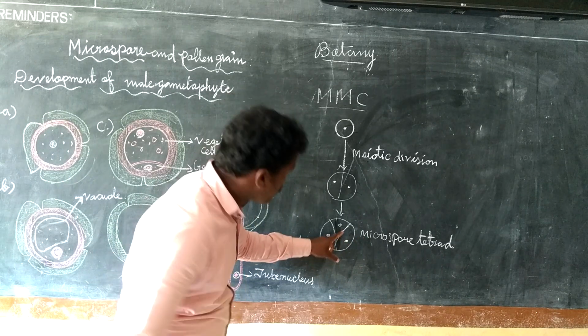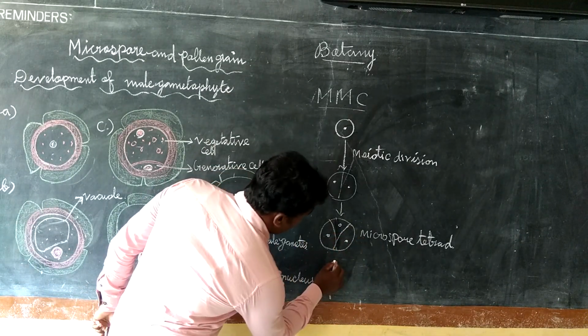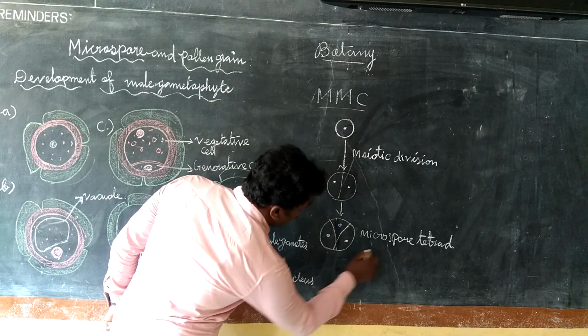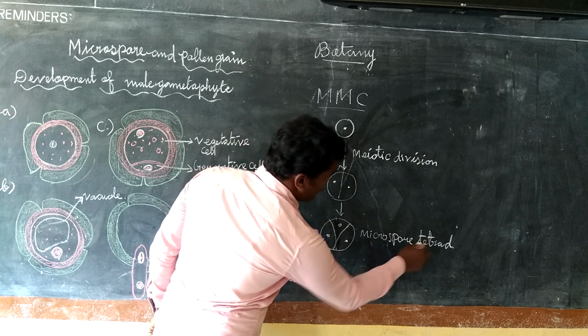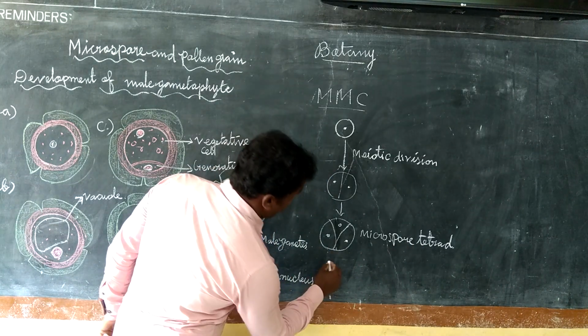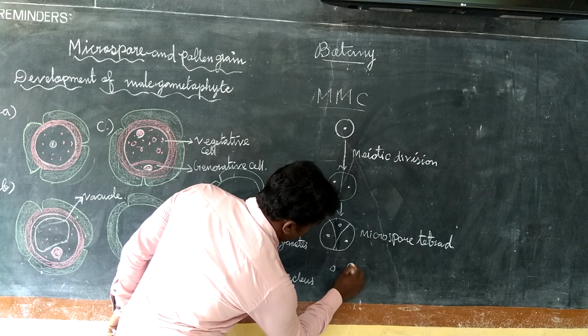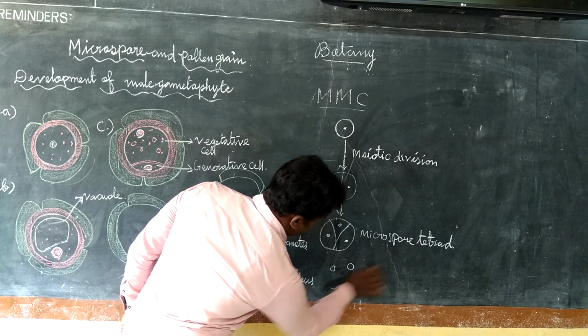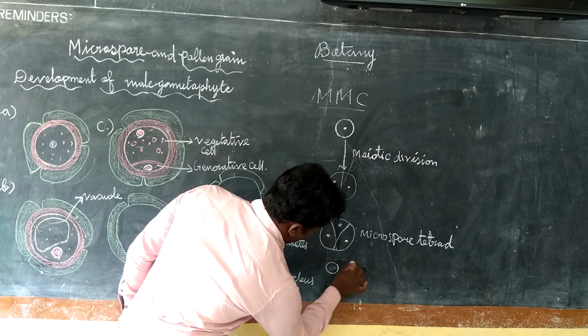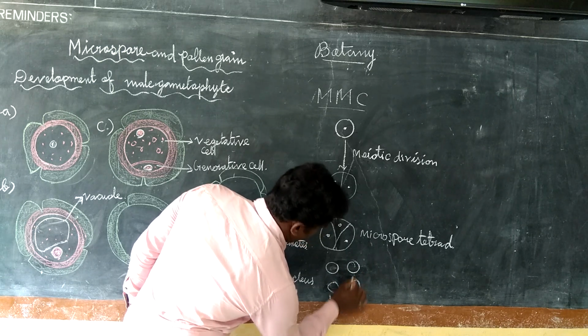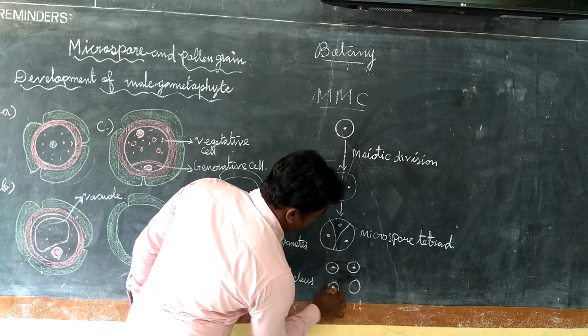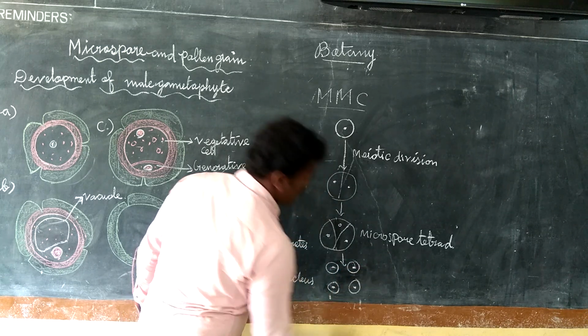Soon after the microspore mother cell forms microspore tetrads, they get separated. This is a microspore.